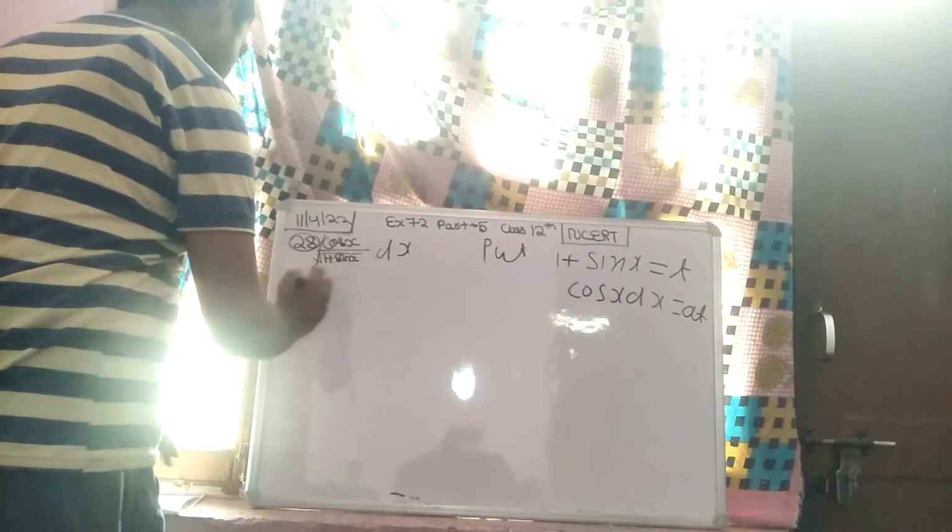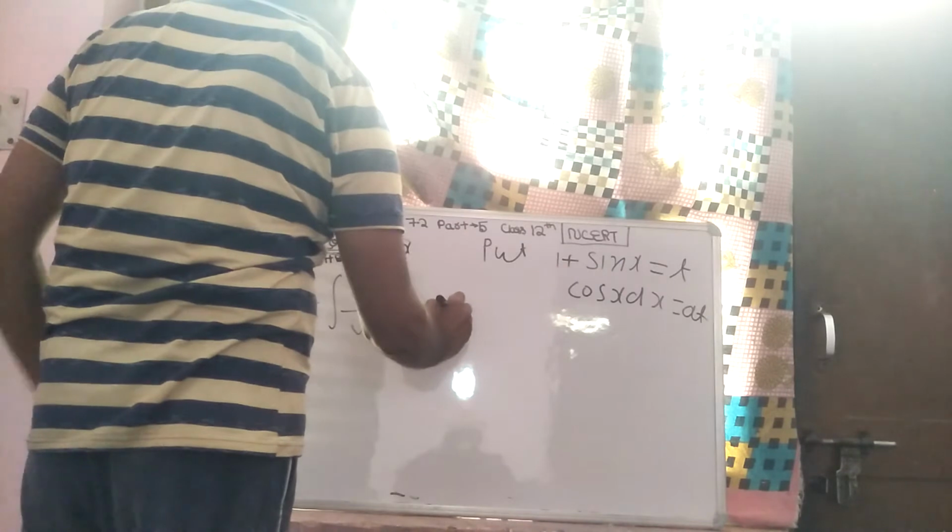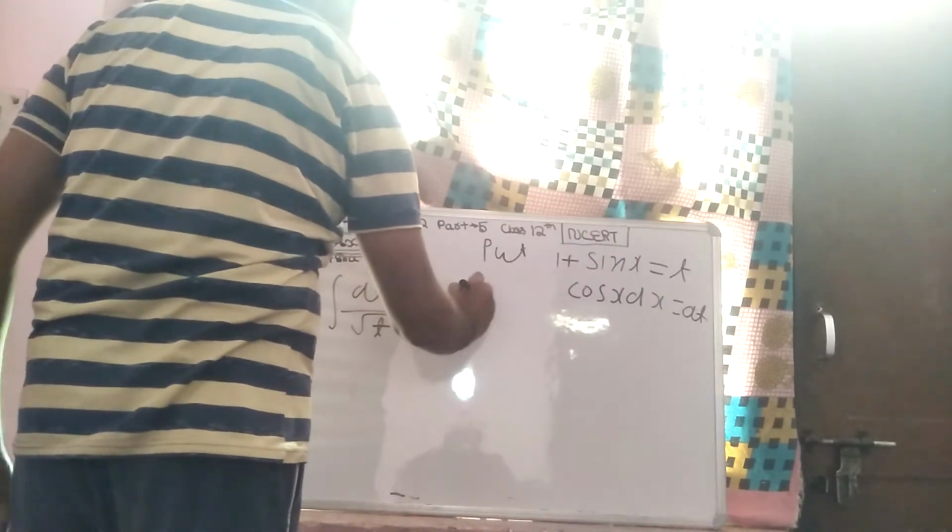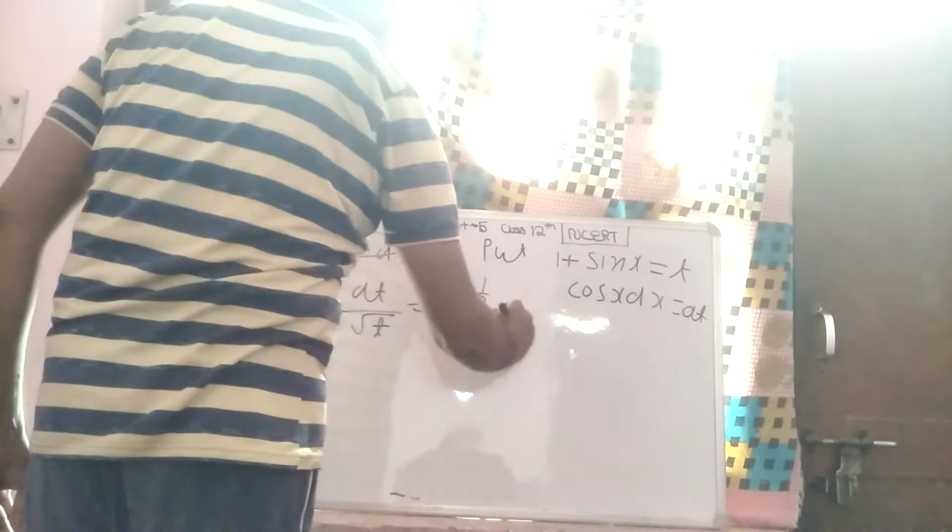This gives cos x into dx equal to dt. We also put the value of this cos x into dx. This is a simple form, dt upon root t. Very easy form, t to the power minus half into dt.